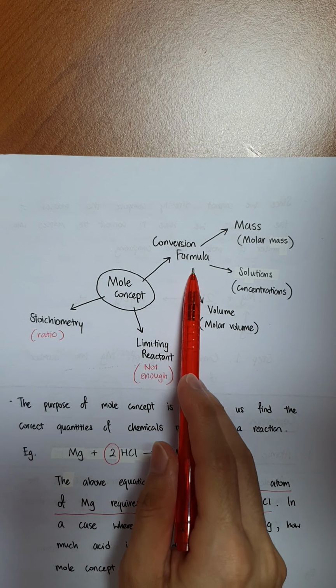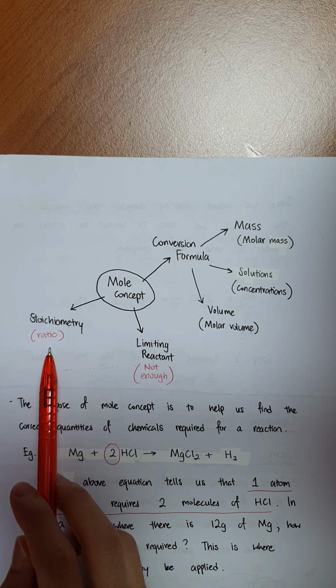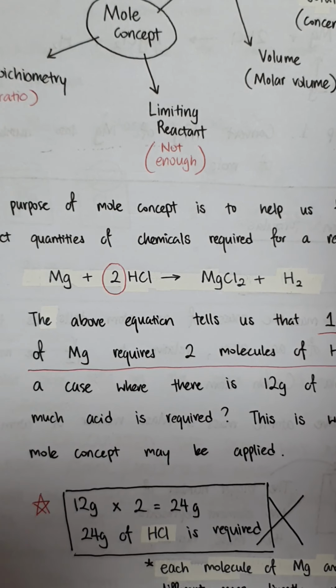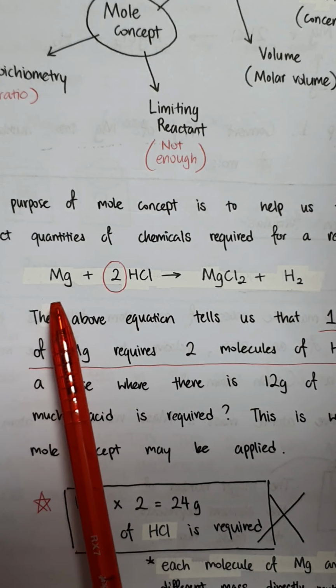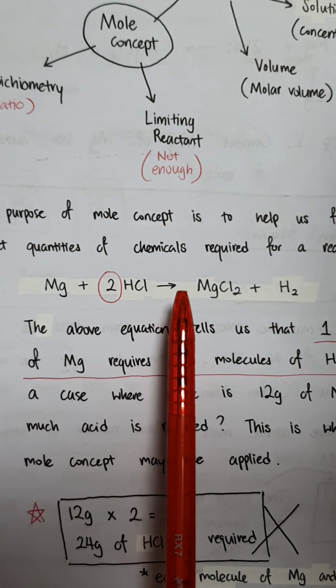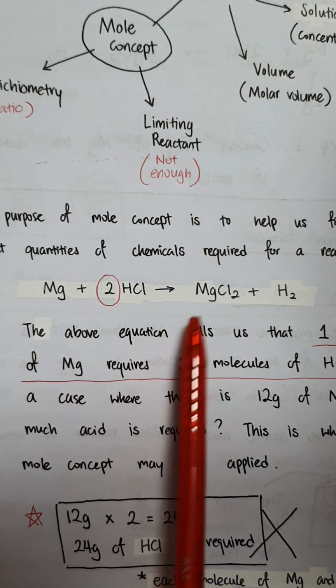So after you are done converting, you will need to compare the units. During comparison, that is called stoichiometry. An example of stoichiometry we can see here. You can see Mg plus 2HCl, right? So this itself can be used as comparison already.